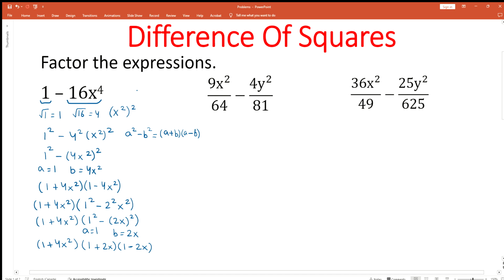Now we can factor the second given expression, 9x squared over 64 minus 4y squared over 81. This expression is made up of two terms, 9x squared over 64 and 4y squared over 81, and these two terms are being subtracted. If we can write these two terms as square terms, then we can use the difference of squares factoring method to factor this expression.